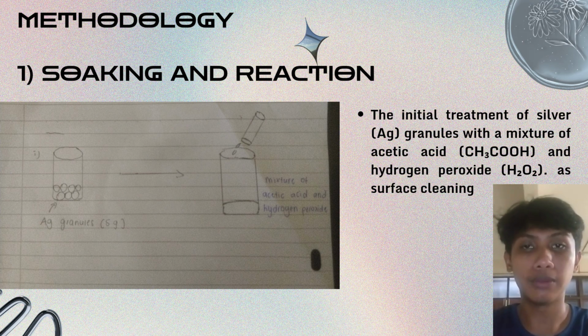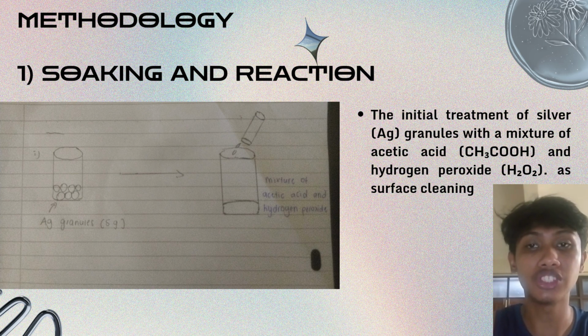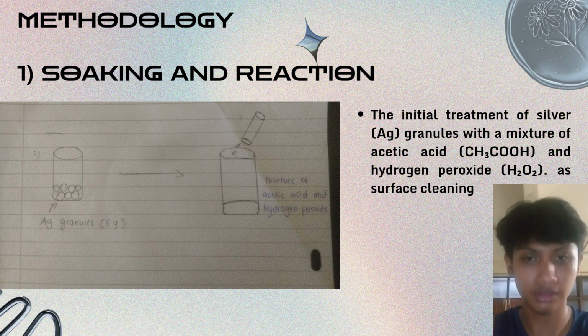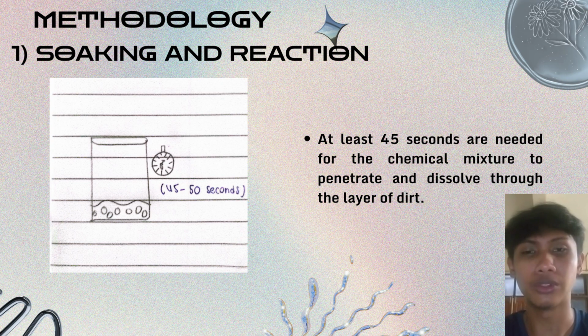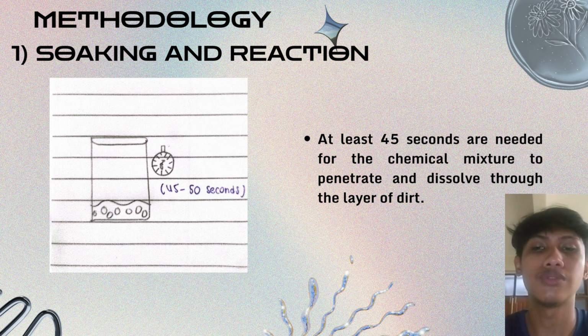Next, I will explain the methodology of our experiment. First, 5 grams of silver granules were soaked in a mixture of acetic acid, CH3COOH, and hydrogen peroxide, H2O2. The purpose of this step is to clean the surface of the silver granules. The silver granules were left in the solution for 45 to 50 seconds.